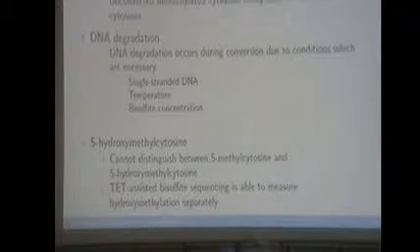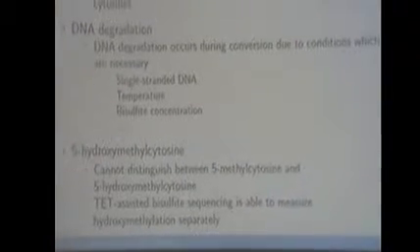Of course, there are also some limitations in bisulfite conversion in general, as I already told you in the beginning. There could be an incomplete conversion, so that unconverted, unmethylated cytosines are then interpreted as methylated.